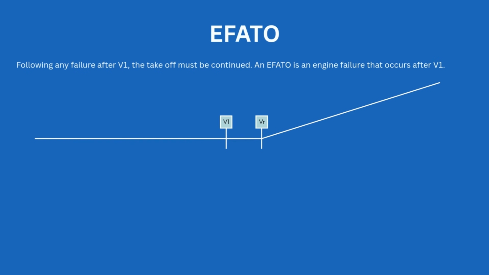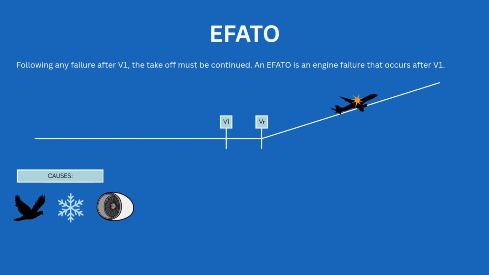Following any failure after V1, the takeoff must be continued. An EFATO is an engine failure that occurs after V1. At this point, the takeoff must be continued, and we take the issue up in the air. Causes for an EFATO include bird strikes, icing, maintenance issues, ingestion of foreign object debris.